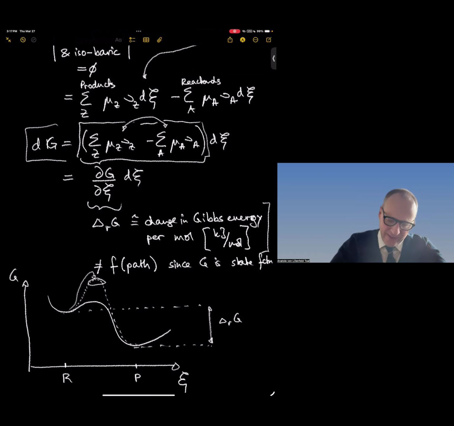So we had identified this as the weighted sum over stoichiometrical factors of reactants and the difference to the weighted sum of stoichiometrical factors of products, and they are weighted by their chemical potential, which is the chemical driving force.